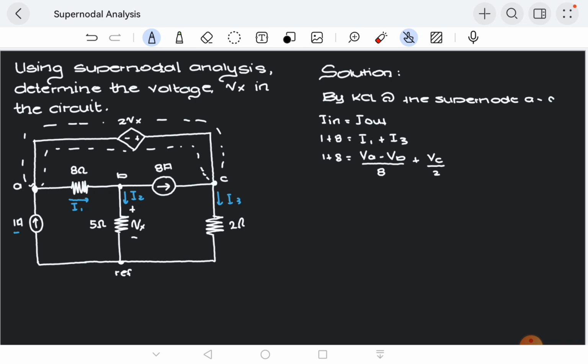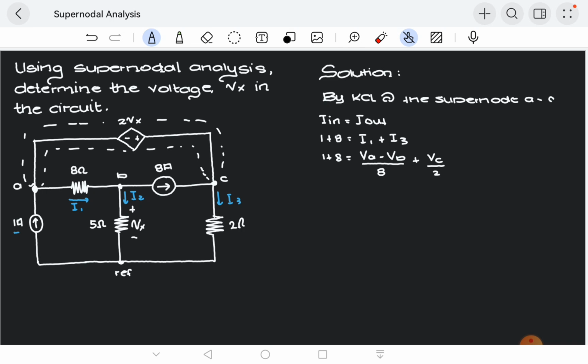So again, by KCL at the supernode AC, we have I in equals I out. I in are the 1 and 8 current sources, so 1 plus 8 equals I out, I1 plus I3. I1 is VA minus VB over 8, and I3 is VC over 2.